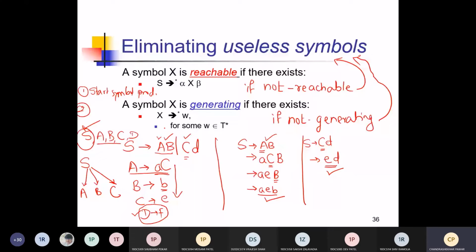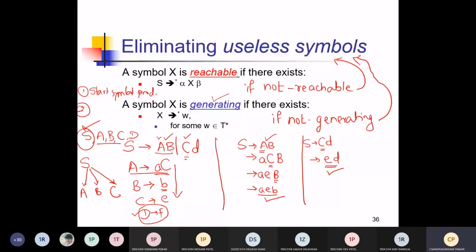Next, we have to check the generating symbol. So generating symbol means what? A non-terminal must have at least one production such that that production consists of only terminal symbols.